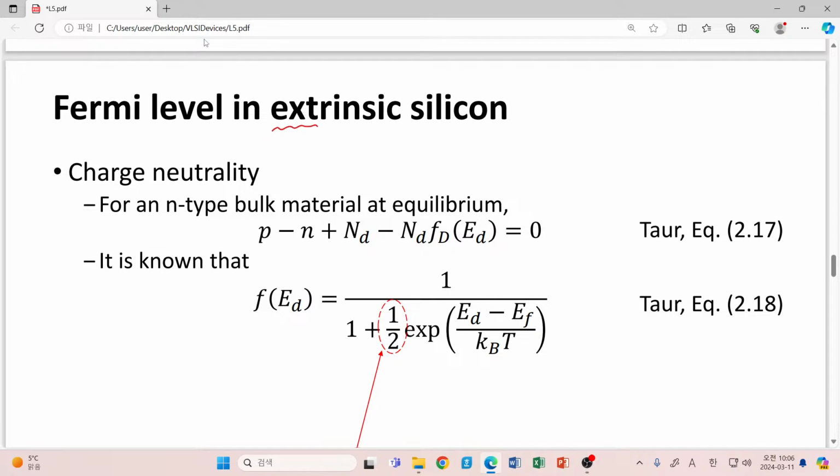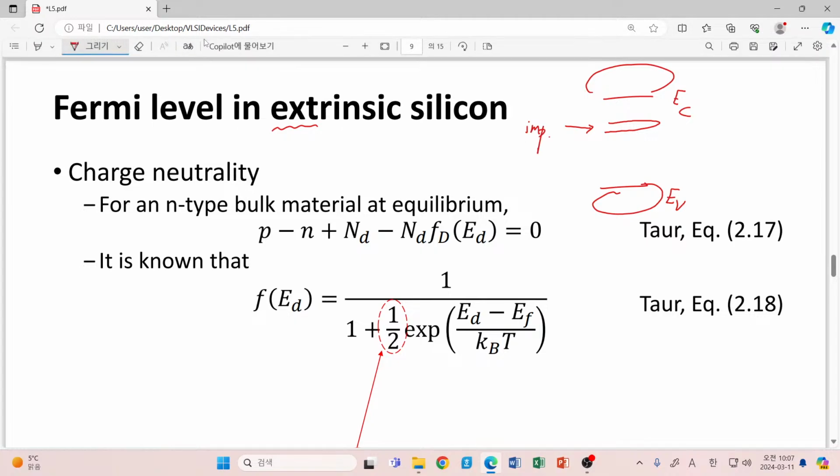Intrinsic silicon case means that now we have a different source of electrons. Previously we had conduction band, valence band only. However, now we have another state introduced by our impurity. So now we have such a situation.